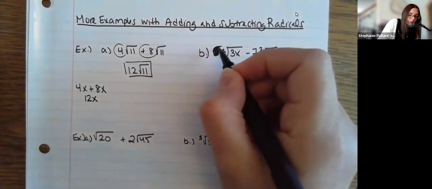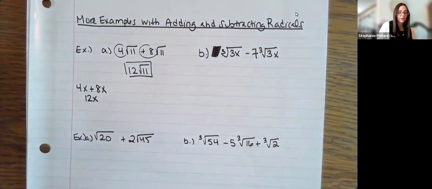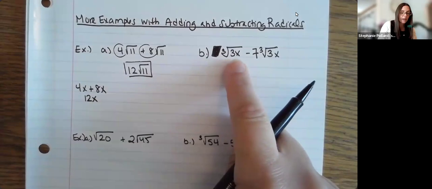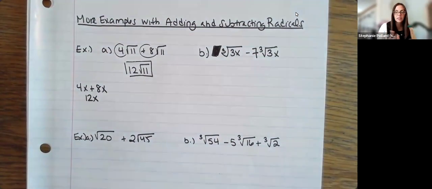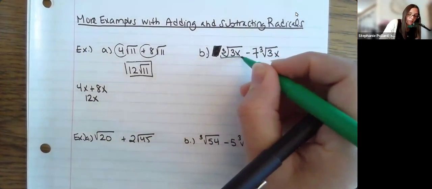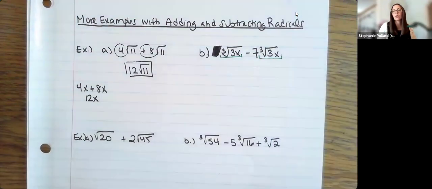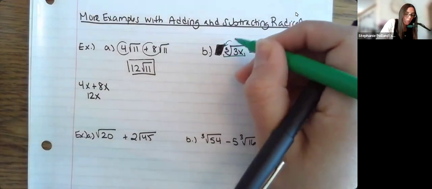Now, my next example, apologies for the mistake there. We're looking at the cubed root of 3x minus 7 times the cubed root of 3x. Again, notice that they're both the same kind of radical, right? Cubed root 3x, cubed root 3x. So we can go ahead and subtract these. Now, if you don't have a number out front, by the way, there is always a 1 there.